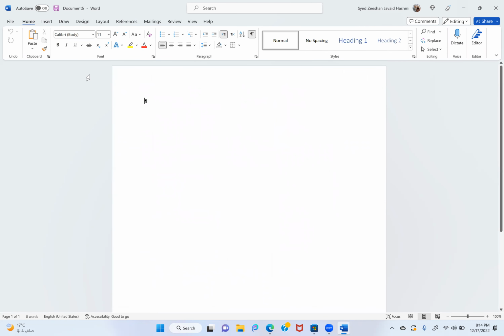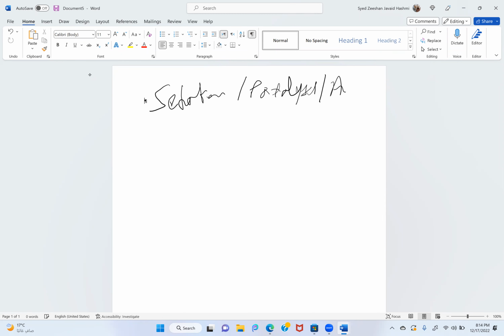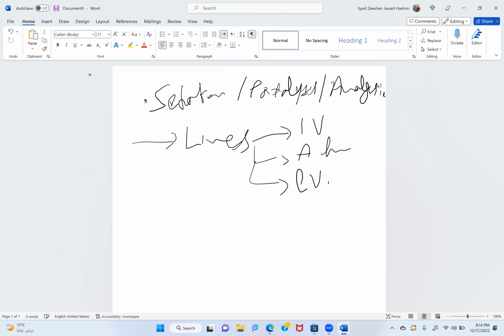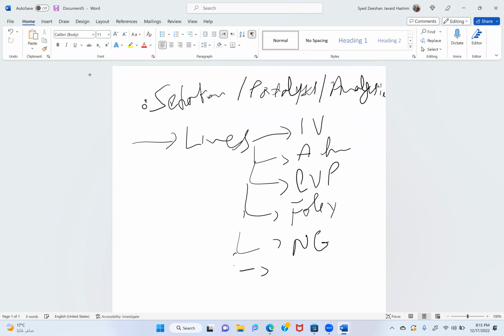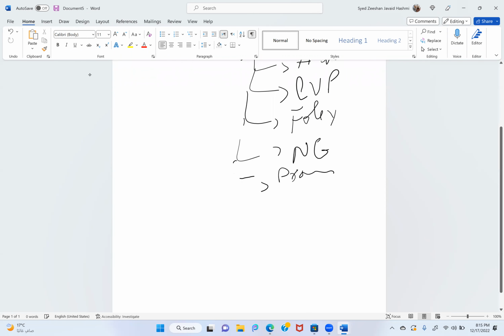And then come a number of simple things, for example sedation, paralysis, or analgesia. Before going to any medication, you should look at the lines. You will have an IV line, arterial line, central line, Foley catheter, NG tube, and any drains, chest tubes.